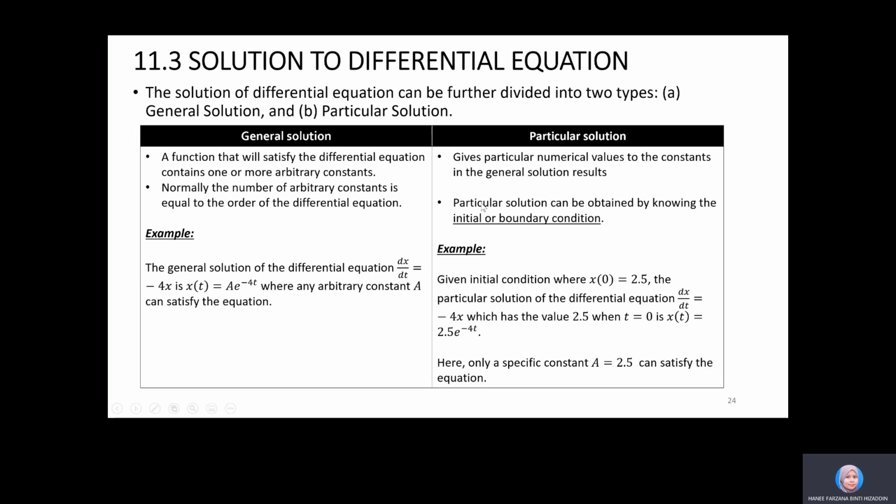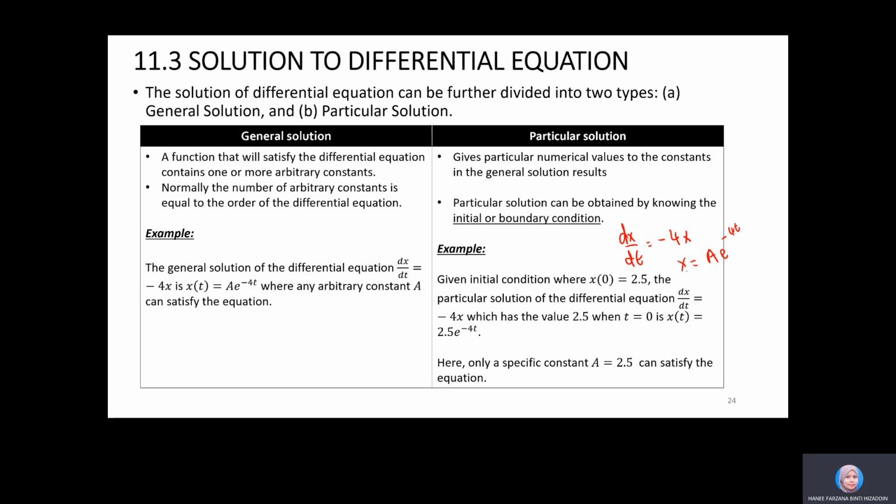So how do you find the particular solution? You can find the arbitrary constants if you are given an initial or boundary condition. For example, for the equation dx/dt equals minus 4x, you can get the solution x equals a e to the minus 4t.